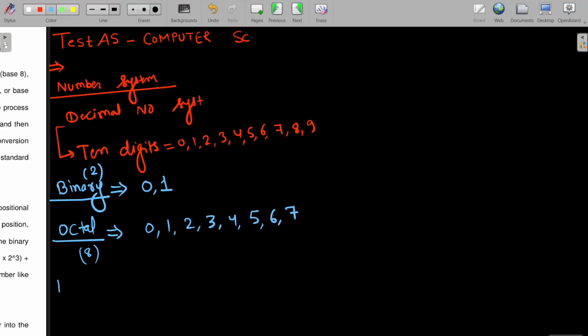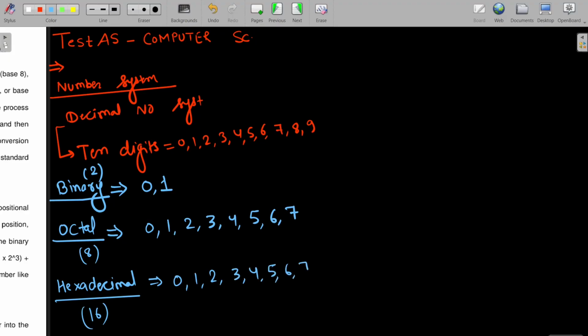After this, we may have a hexadecimal number system. In hexadecimal, we have total 16 digits, right? And those are 0, 1, 2, 3, 4, 5, 6, 7, 8, 9. And after that, we cannot write 10.